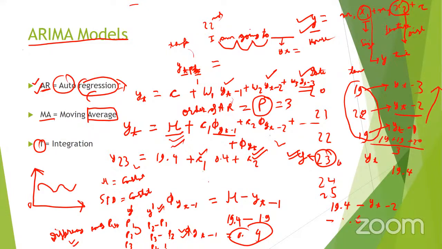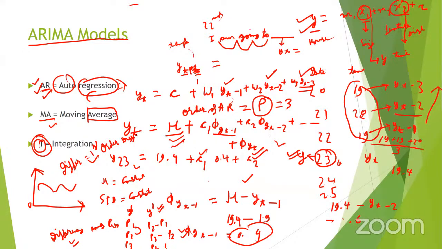But if your Y dash is stationary, then you can directly use this autoregression and MA on that Y dash itself. And then this I term will come into picture because we have taken a difference of 1. We have done first order differencing, right?